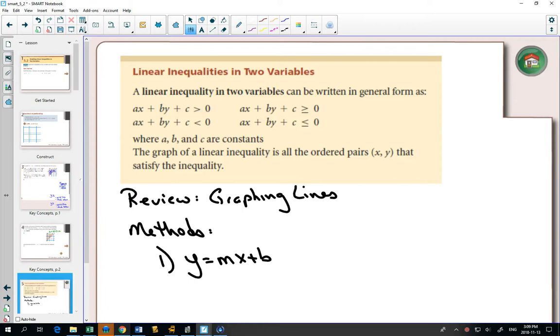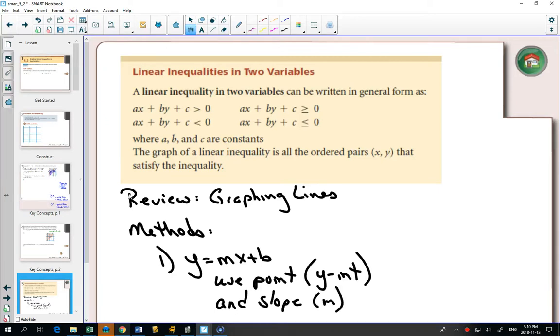One method was the y equals mx plus b. If you change your graph to look like y equals mx plus b, you use the point, which is your y-intercept, and slope, which is m. I guess I can put b inside the y-intercept.